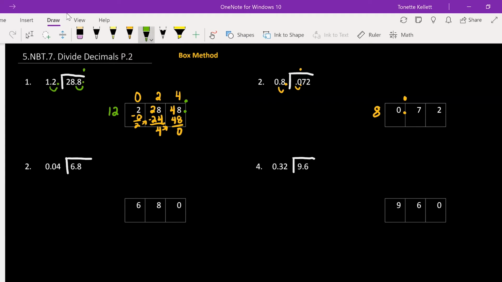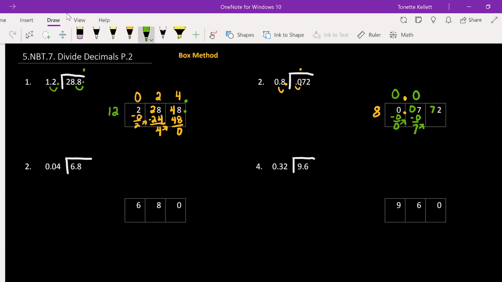8 cannot go into 0 evenly, so I'm going to put a 0 up above. Subtract 0 is 0. Bring that 0 in front of the 7. 8 cannot go into 7 evenly. Put a 0 up above. Subtract 0 is 7. Now you're going to take that 7 and put it in front of the 2.